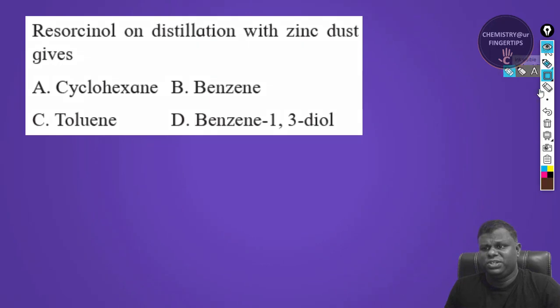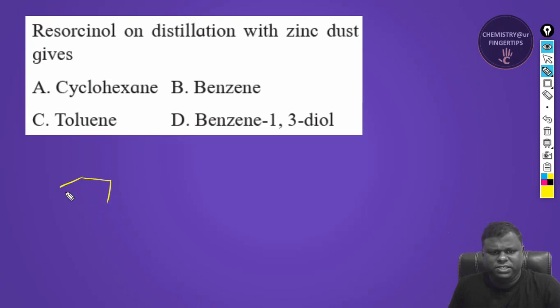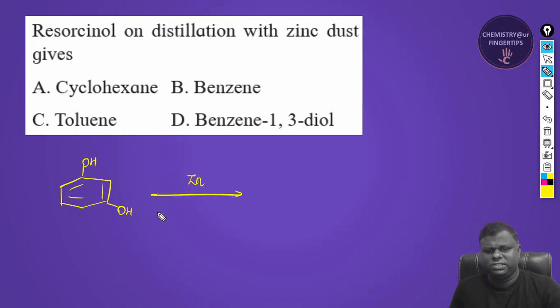Then you have resorcinol. Okay, so let's first write down what exactly is resorcinol. So resorcinol is nothing but benzene ring in which there are two OH groups, right? And then they are meta with respect to each other. So on distillation with zinc dust, what exactly happens is that it undergoes reduction, right?